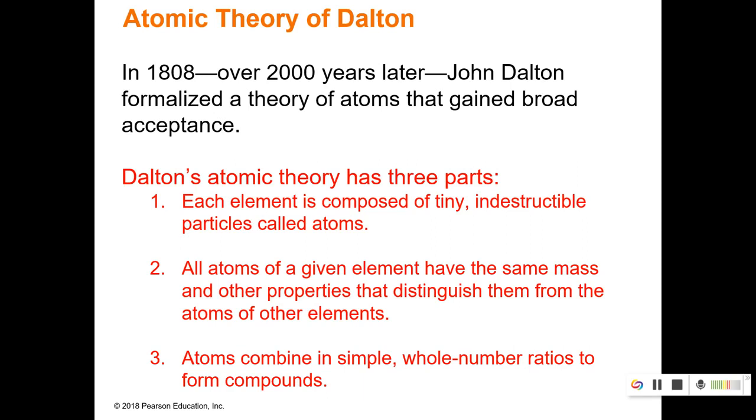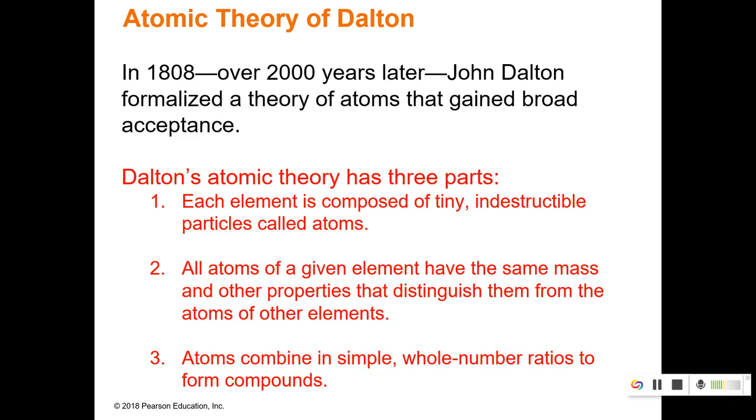Dalton was next, so we skipped 2,000 years. Dalton had an atomic theory, so what he did was take other people's theories. There were some people in between, but not very many. He put it all together into one cohesive theory. He took Democritus's idea that each element is composed of tiny indestructible particles that we call atoms now.